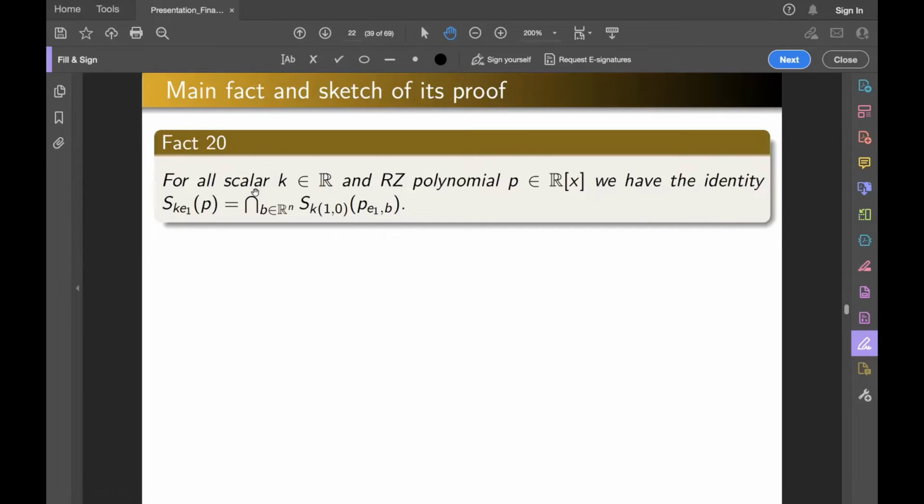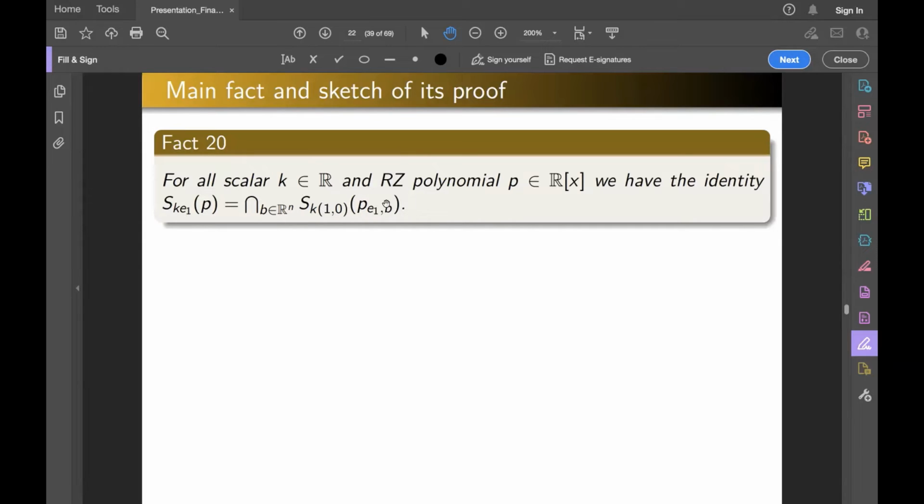This main fact says that the relaxation through the line spanned by the first unit vector of the polynomial, when you restrict the relaxation to this line, you can describe this as the intersection of all the relaxations of a set of restrictions.